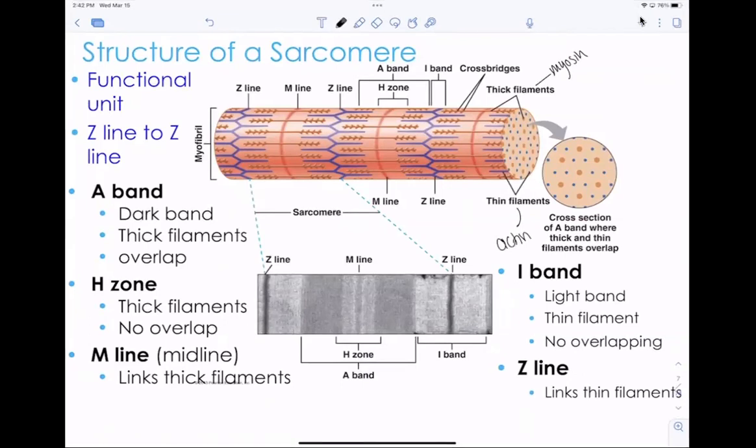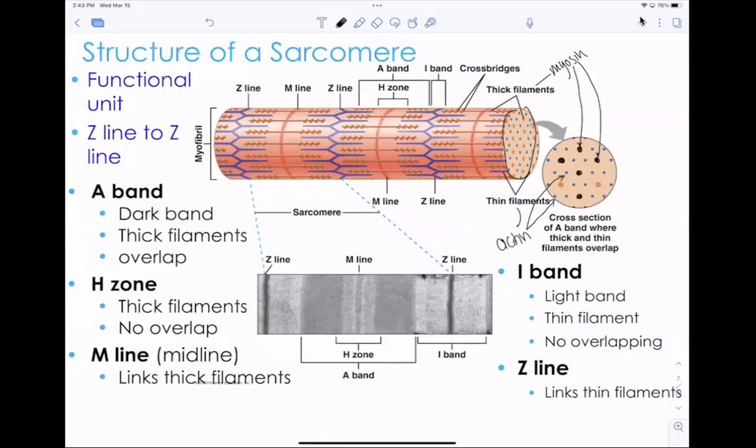And so if you're looking at the dots, the myosin are the big yellowish dots, and actin are the smaller blue dots. And so if you're looking at this cross section here, you can see that the thick filaments have lots of little thin filaments surrounding it.